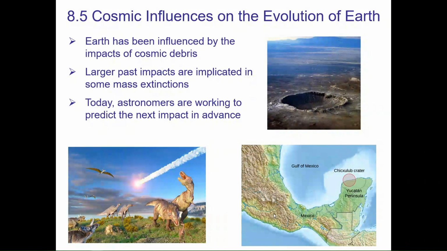And at that time, because this bombardment involved a lot of collisions and impacts, we believe Earth's environment was very hostile. The Earth must have been very, very hot due to the heat generated from the impact.